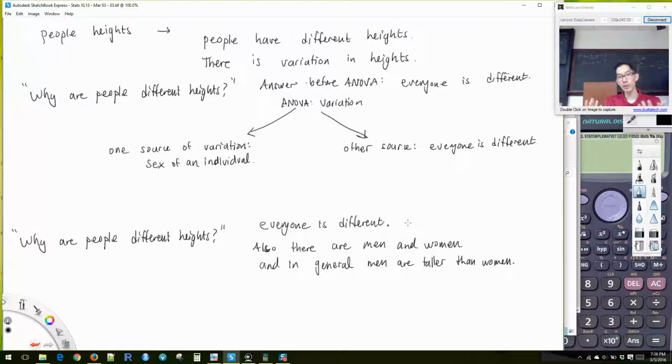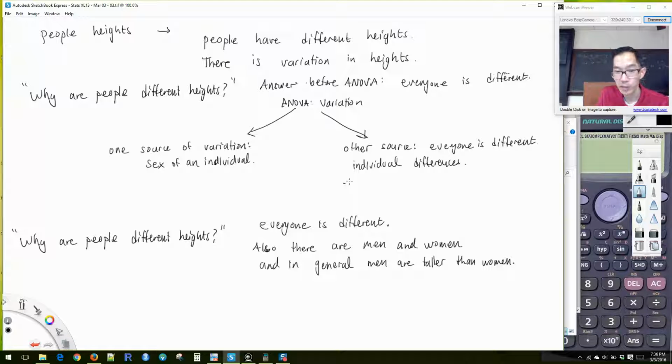So with one-way ANOVA, we have one other source of variation other than individual differences. Everyone is different. This is just individual differences.